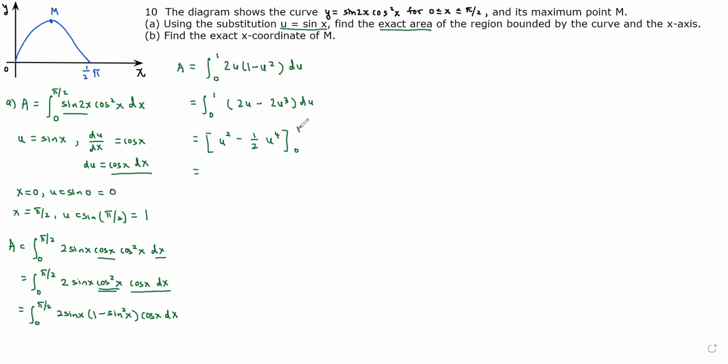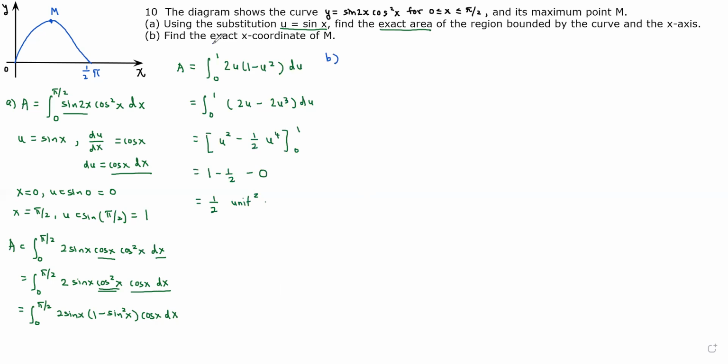We replace u with 1, that is 1 minus 1 over 2, and we sub in 0 for u, that is just going to end up 0. That will give us 1 over 2 square units for the area.